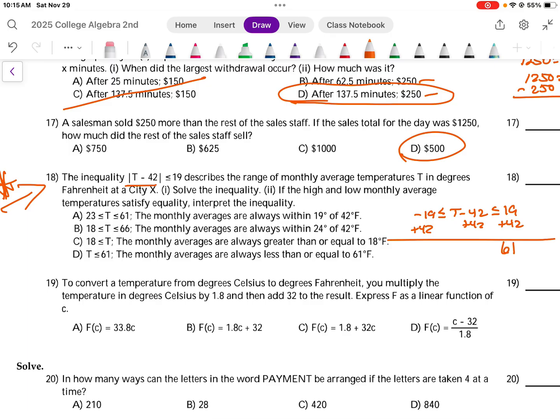And that gives me 61 degrees over here. And if I subtract those two, I think I get 23. So this would be the correct interpretation: within 19 degrees of 42.